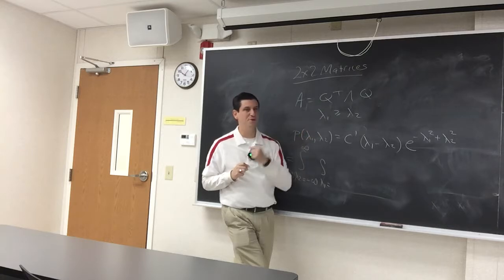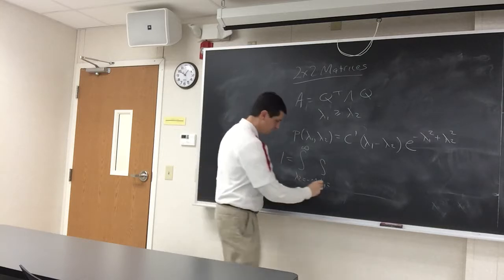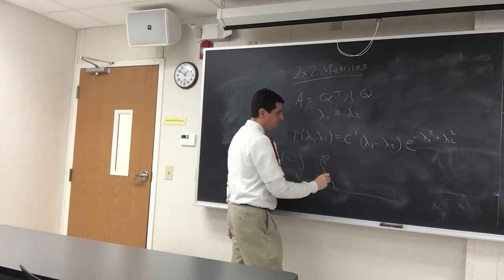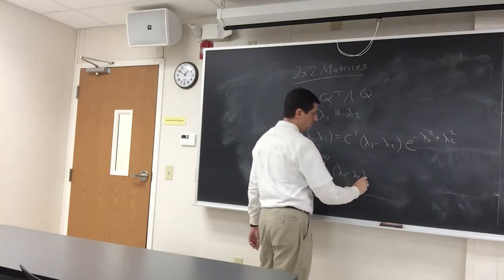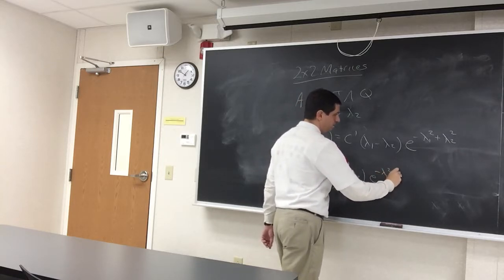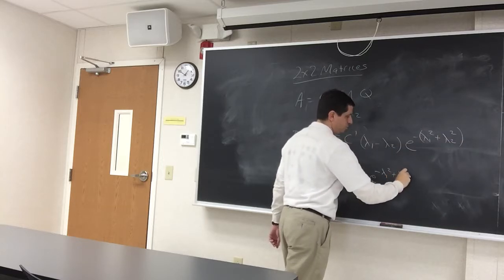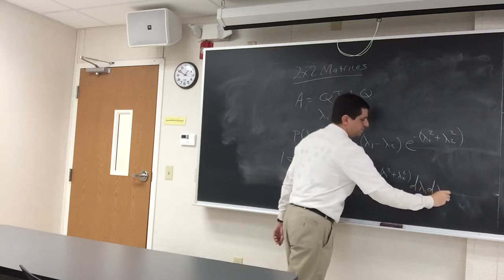Well, what am I assuming about the relationship between lambda 1 and lambda 2? So it would be lambda 2, and then it goes all the way up to infinity. So I would have lambda 1 minus lambda 2, e to the negative lambda 1 squared plus lambda 2 squared in parentheses, d lambda 1, d lambda 2.